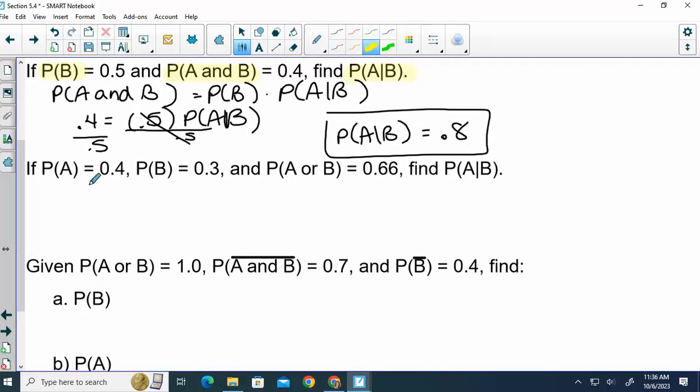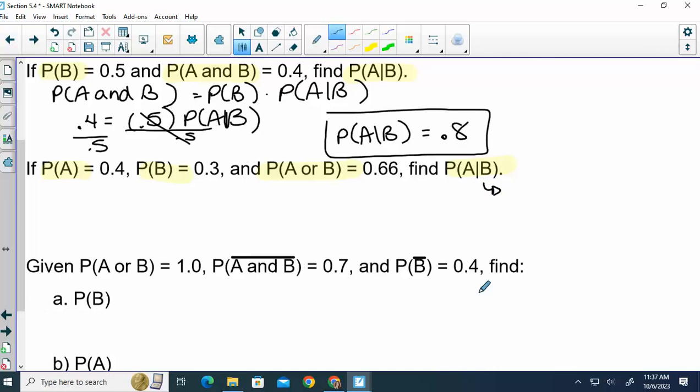this one. I have probability of A, B, A or B. I need A given B. Is there any formula that involves all of those? Okay, so we might have to use a couple formulas this time. If I need the probability of A given B, what are my options for that?